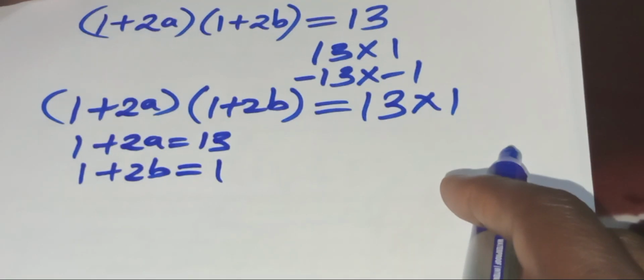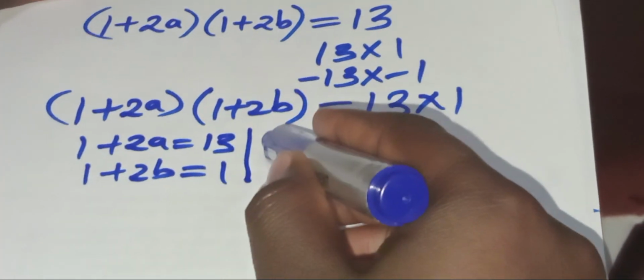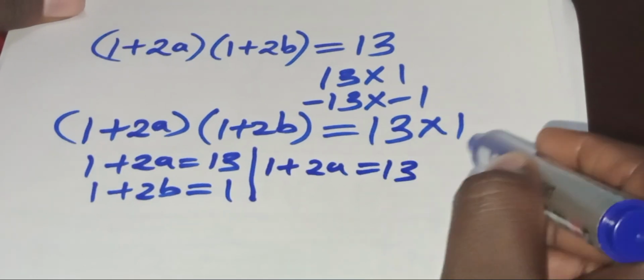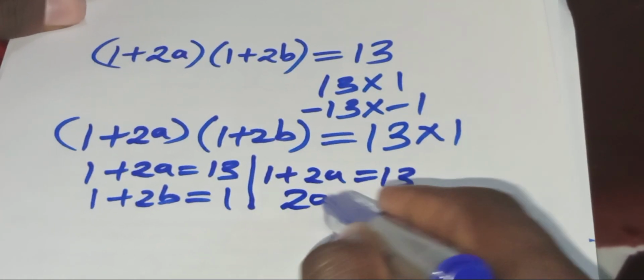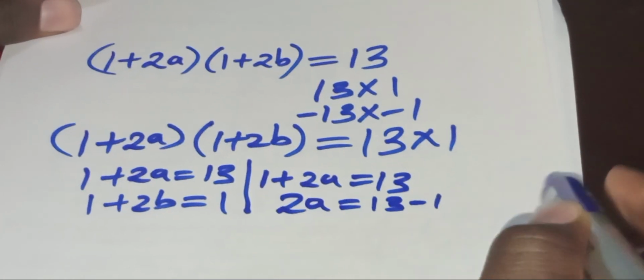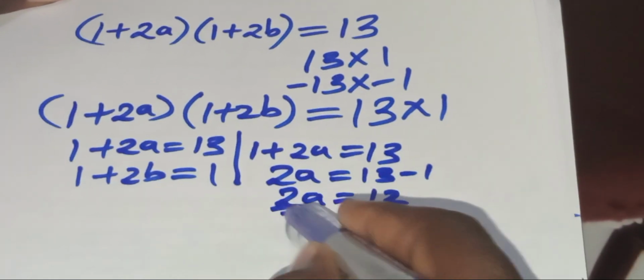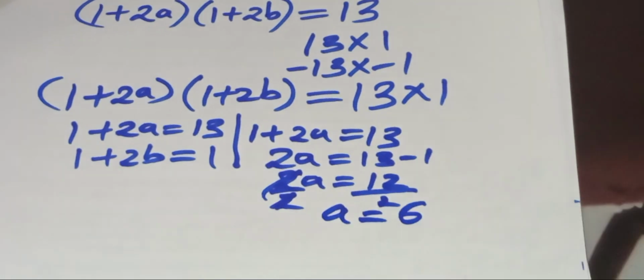Now, 1 plus 2a is equal to 13, so we take 1 to the right-hand side: 2a is equal to 13 subtract 1, so 2a is equal to 12. Divide both sides by 2, so that a is equal to 6.